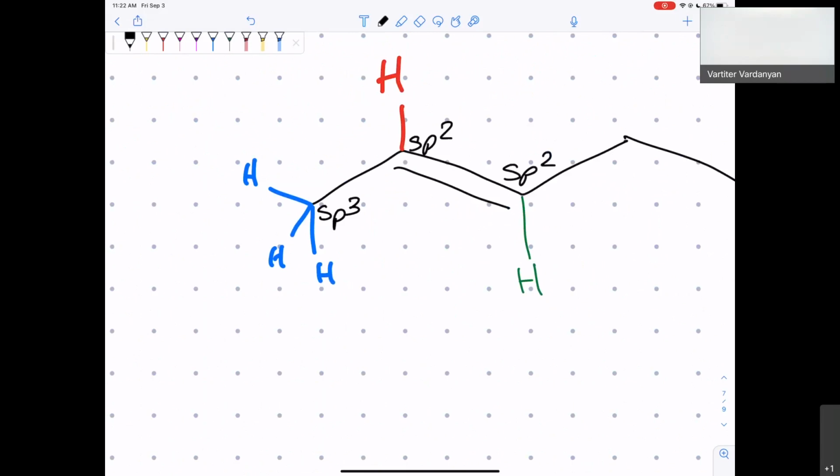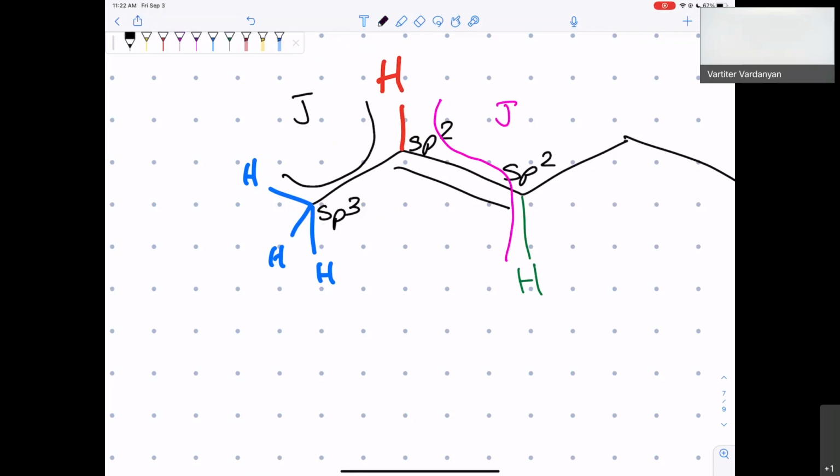The reason this is important is because this hydrogen couples with 1, 2, 3, all of these. And since this hybridization is different than this one, that means this J value and this J value are different.